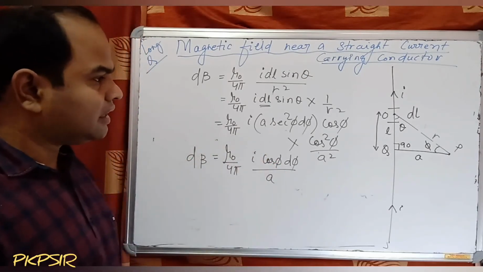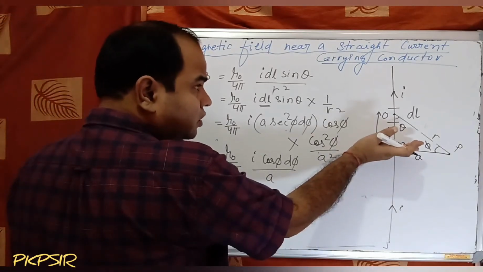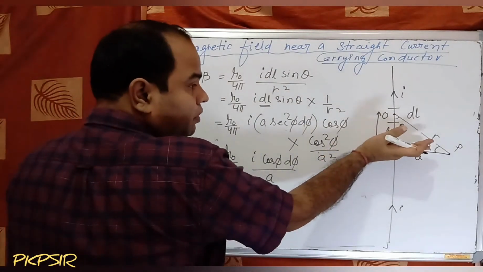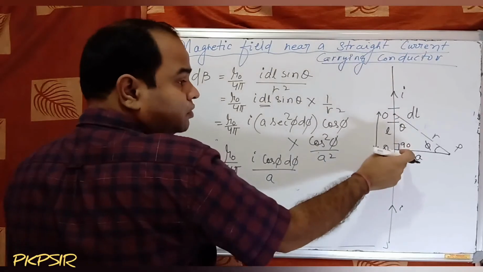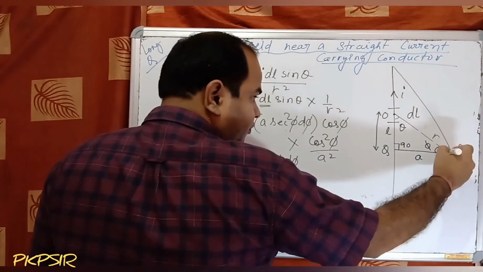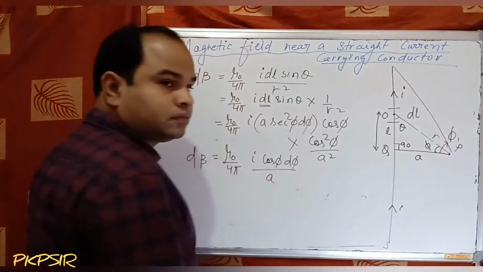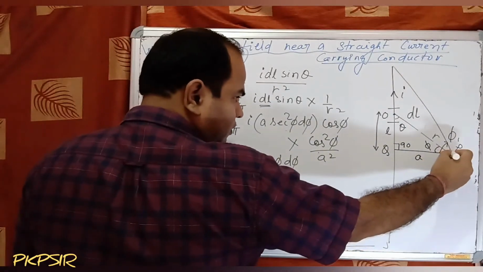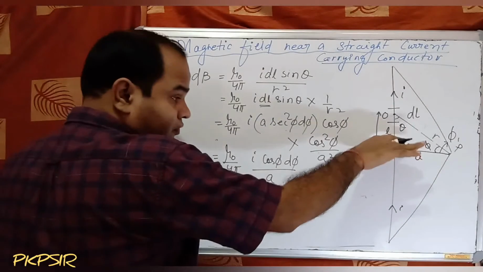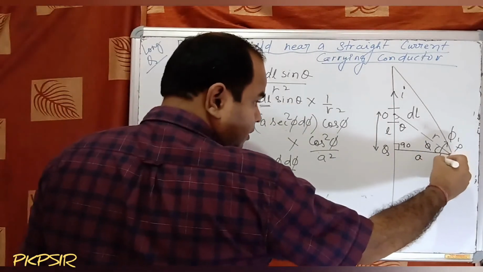Let us assume the upper part of the wire above this perpendicular makes an angle phi 1, and the lower part of the wire below the perpendicular makes an angle phi 2.